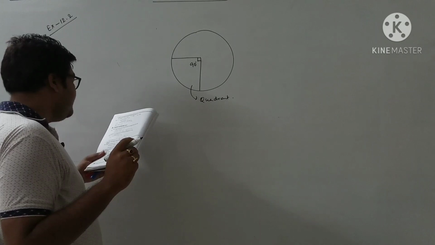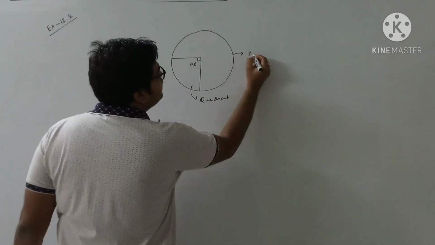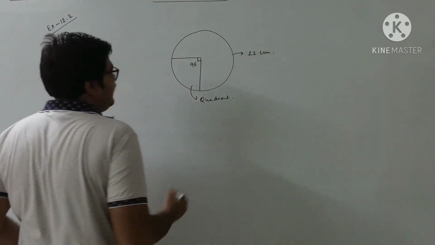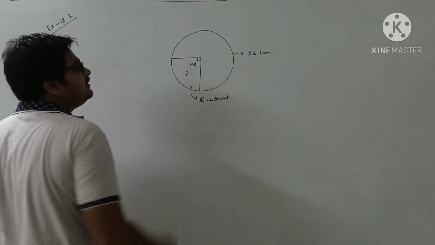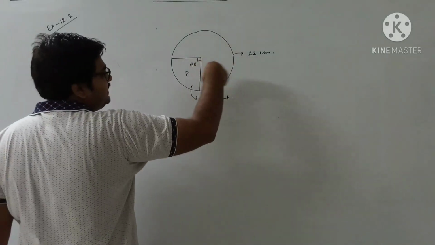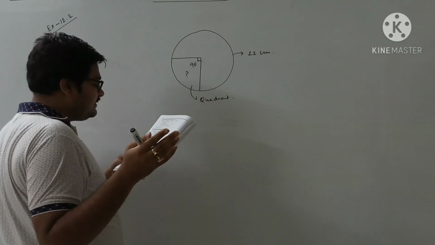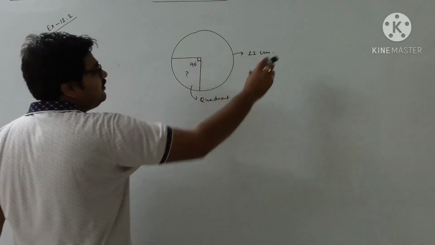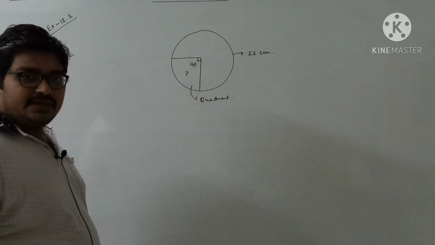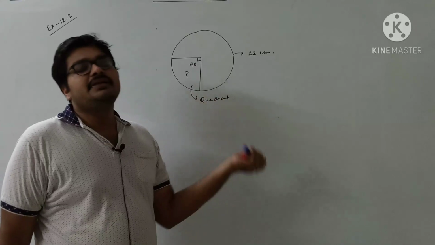Next thing is that the circumference is given, 22 centimeters. You have to find out the area of the quadrant of a circle whose circumference is 22 centimeters.